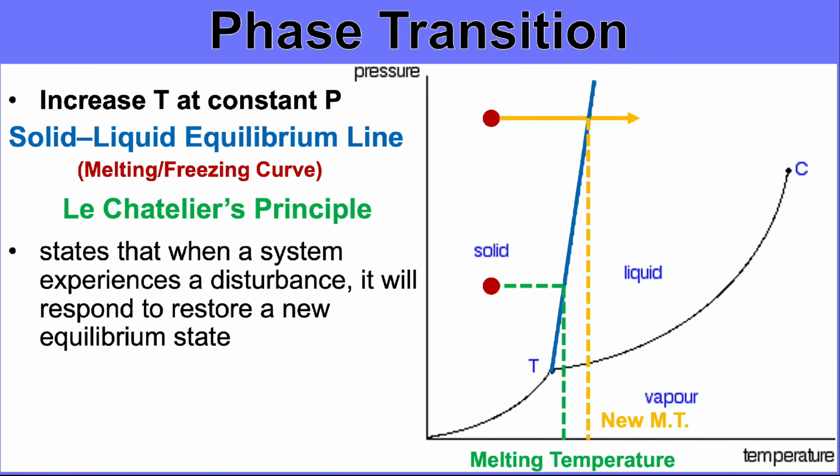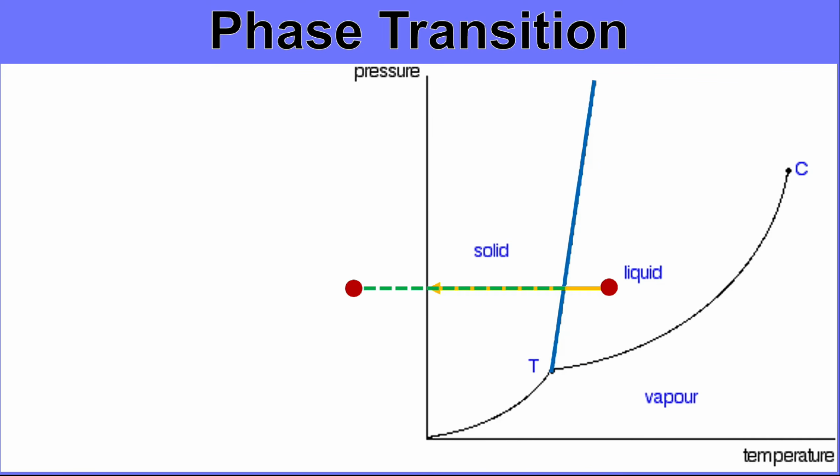So if you increase the pressure, the equilibrium will move in such a way to counter the change you just have made. So why does this slope lean forward? So remember that for most substances, the solids occupy smaller volume than liquids. So this is the same as before, but now you're converting from liquid to solid.